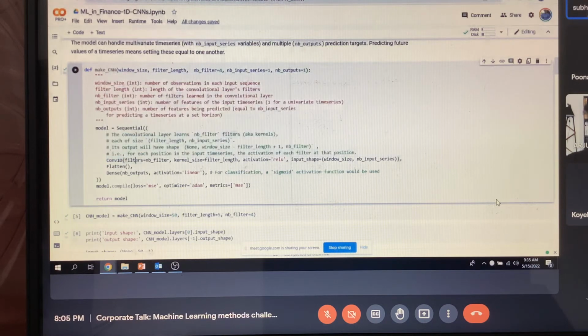This takes in some number of filters which you define in the function, and the filter of some length. For example, the filter could be of length 5, so a 5 by 5 filter. There is the activation function, the ReLU, which gives non-linearity.